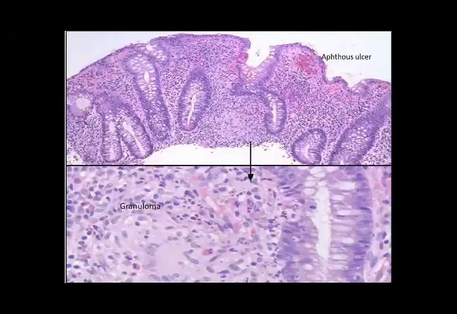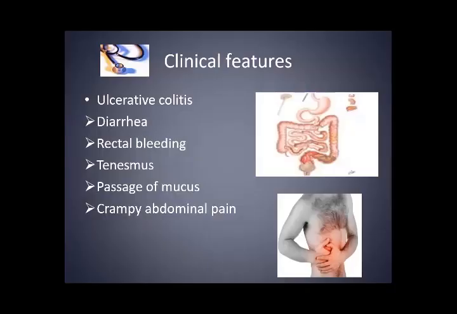Okay, now clinical manifestation. We discussed the different etiological factors, immune activating triggers, and some macroscopic and microscopic pictures. Now we see how these patients present to our clinic, OPD or emergency. Ulcerative colitis is usually a disease of the large gut.